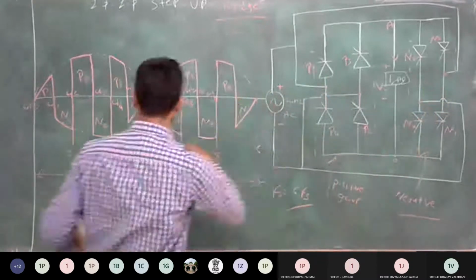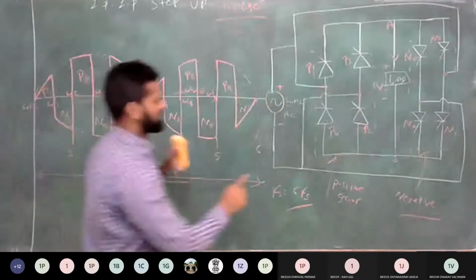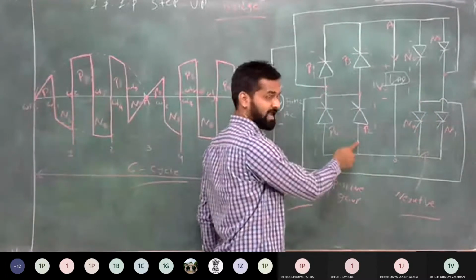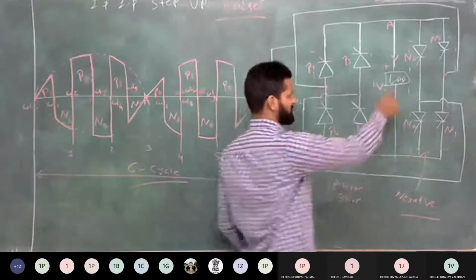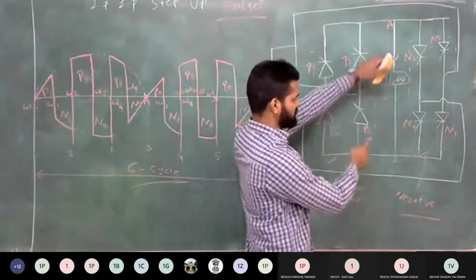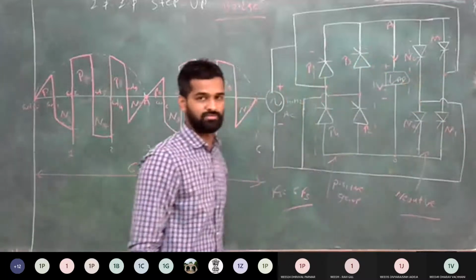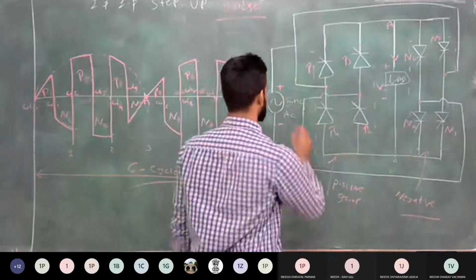Clear? So during the positive cycle, when you require positive voltage, turn on P1 and P2 simultaneously, and you get positive voltage across the load side. If you require negative voltage across the load side, then turn on N1 and N2. Clear? Let's check here.